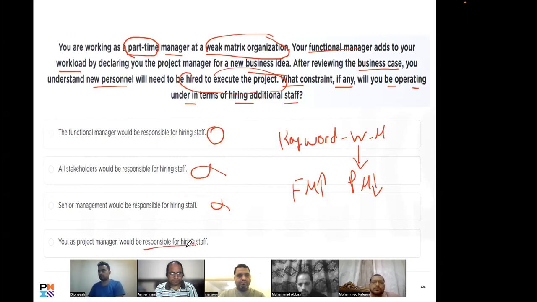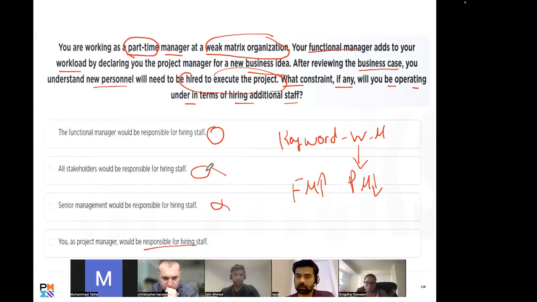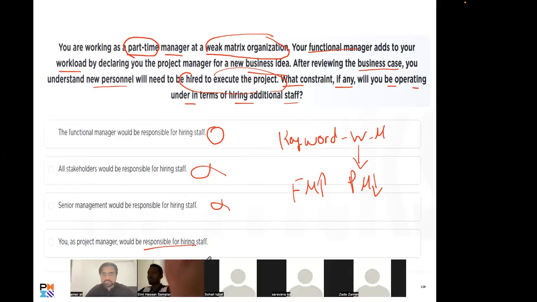If this was a strong matrix, then the project manager would have been responsible. But the question clearly mentions it is a weak matrix organization, so the project manager would not be responsible here. So the right answer is the functional manager in this question.